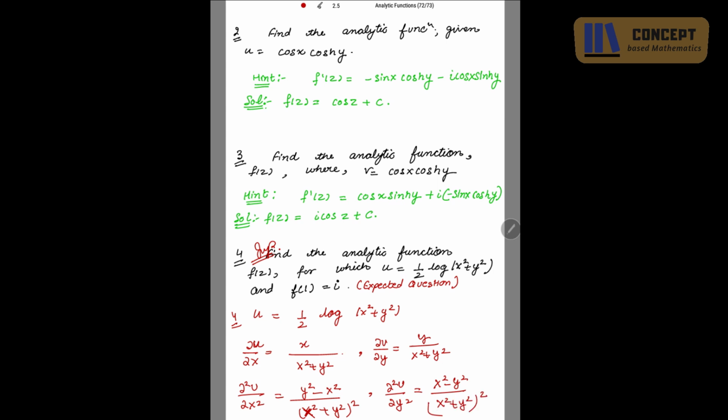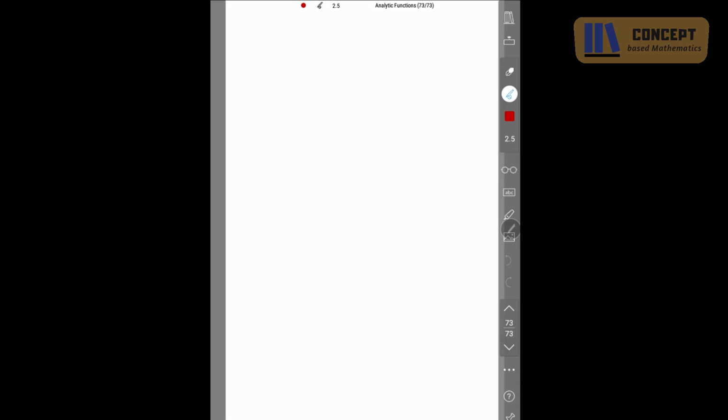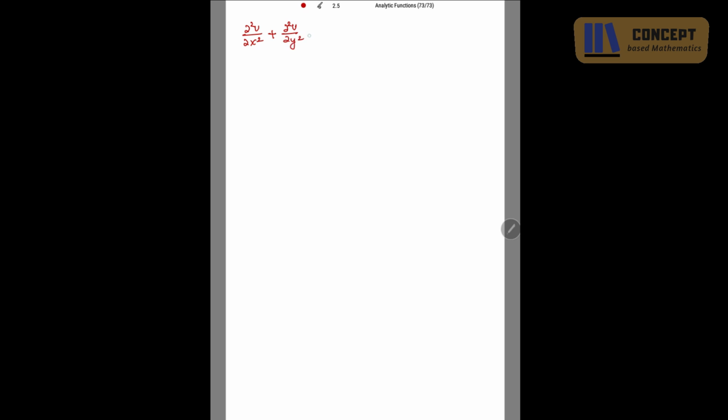Now if you add these two, you get their sum equal to 0. So adding both the equations, del squared u over del x squared plus del squared u over del y squared is equal to 0. Thus u is a harmonic function.